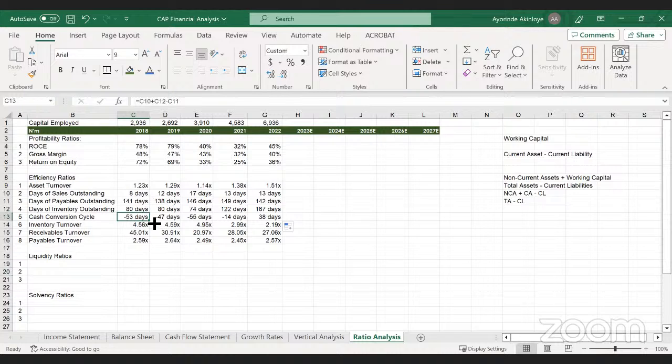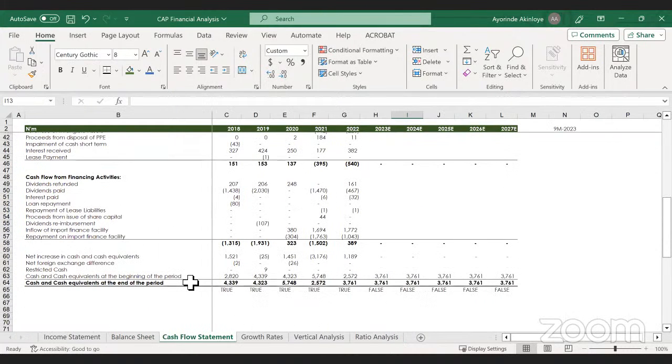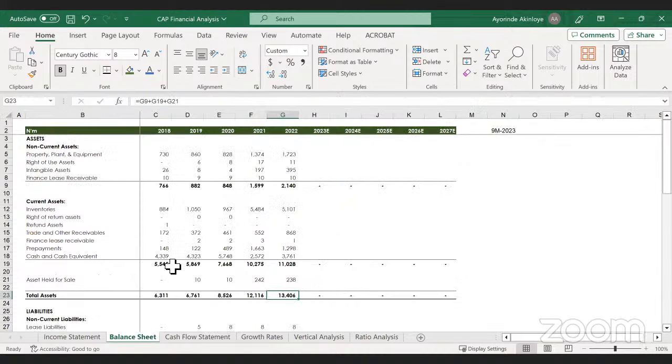If you see this, it automatically tells you that this company is likely going to be carrying a lot of cash on their balance sheet, because it means they are generating a lot of cash. So if I go to their, sorry, no, not balance sheets. Okay, so if I come to here, I can see cash is about 4.3 billion.